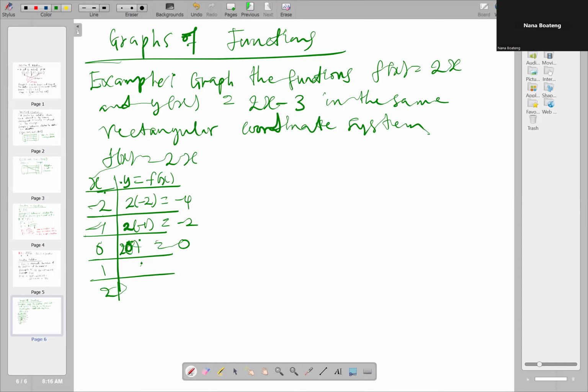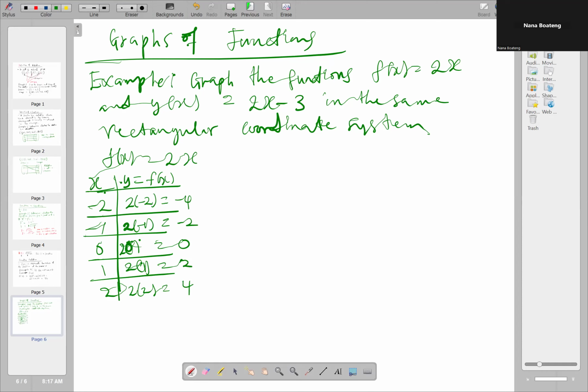If x is 1, we have 2 times 1, which is 2. And if x is 2, we have 2 times 2, which is 4. So we have this set of ordered pairs: negative 2, negative 4; negative 1, negative 2; 0, 0; 1, 2; and 2, 4. We can use these ordered pairs to plot the function.